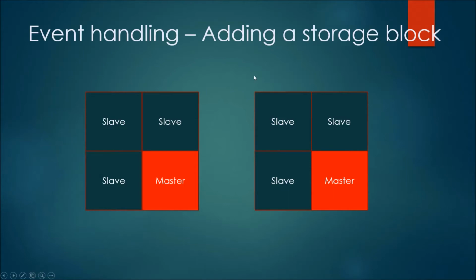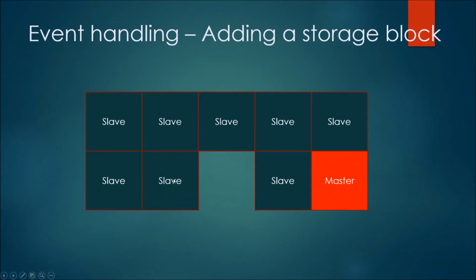And the last situation I want to show you is the connecting of 2 multiblocks. Because now, when we add another storage block in between, this means there are 2 masters. So we need to make sure that one master gets dropped and only one master remains. And of course, that master is going to be notified again that 5 new storage blocks have been added.